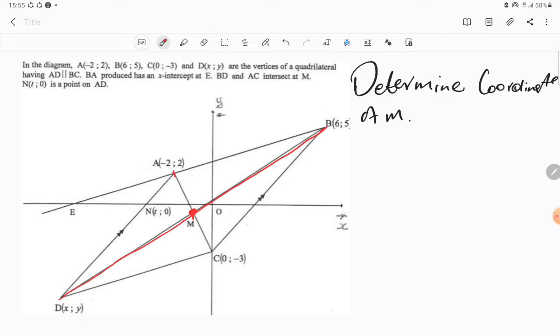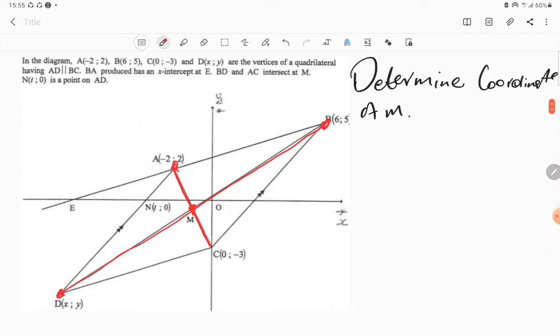This is also the shortest diagonal, and we know what is meant by the diagonals of a parallelogram, that they bisect each other. That gives us the information to say this M is now the midpoint of DB and of AC.